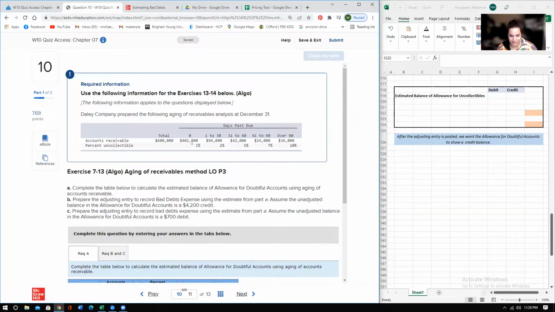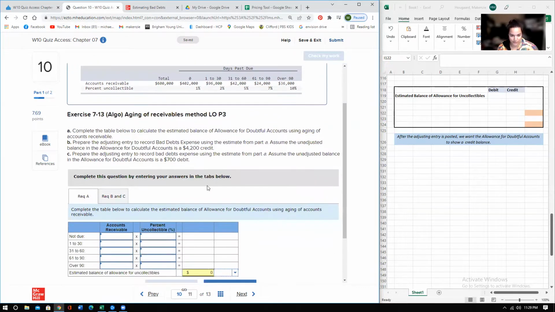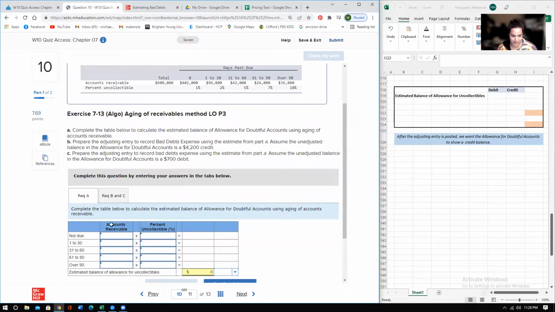So the first thing that we're going to do is come down to this little table, and we're going to put the number of accounts receivable on this side for each category, and then the percent that will be multiplied by this number to find the amount of money that will be uncollectible. So for not due, we'll use this zero number, 402,000.